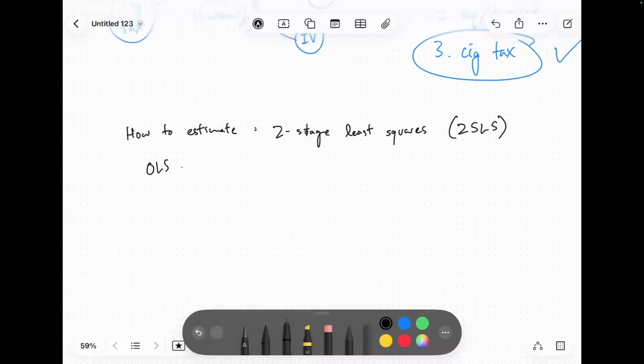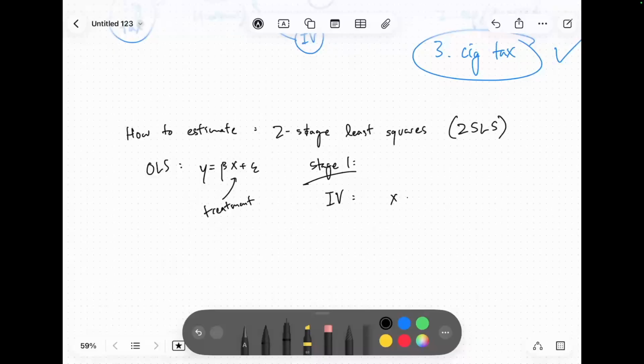So with OLS, we would have something like this: y equals beta x plus epsilon. But in 2SLS, we actually have two stages. So stage 1, we do our IV portion. So X, if this is our treatment, we actually start with the effect of the instrument on the treatment instead of the treatment effect on our outcome.